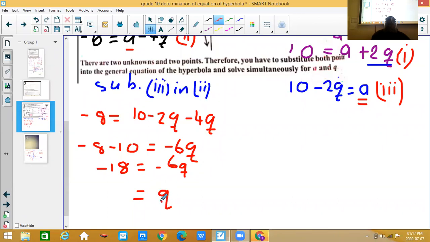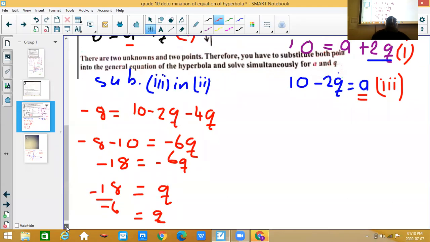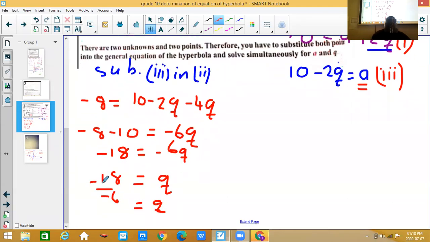Q. Now, you say -18 over -6. Be careful. -6 into -18, what's the answer? +3. So the value of Q is 3.